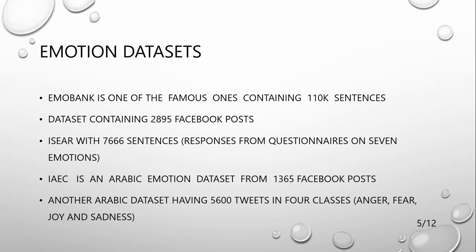The ISEAR has about 7,000 sentences from responses to questionnaires on 7 emotions from 37 countries. ICCKE is another Arabic emotion dataset having about 1,300 Facebook posts. The posts are annotated in 6 classes based on the Ekman model.